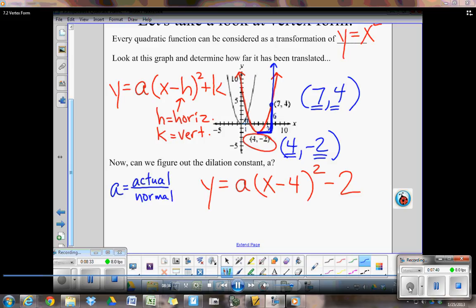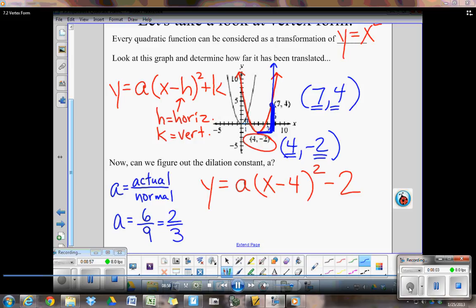Normally it has a height of 9, when the horizontal change is 3. Normally it goes up 9. This one only goes up 6. So let's think about that. It only goes up 6/9 as far as it normally does. Therefore, the dilation constant is 6/9 reduced, which is 2/3.